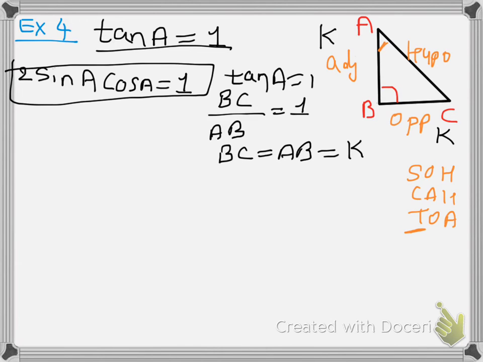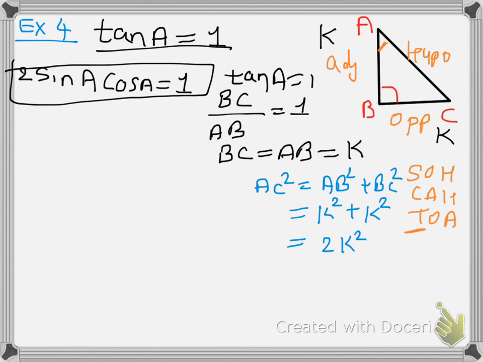So the Pythagoras theorem is telling you that the longer side, AC square, is equal to AB square plus BC square. So that's equal to AB is k, so k square, plus BC is also k, so k square. What is k square plus k square? It's equal to 2k square. So AC square is equal to 2k square.